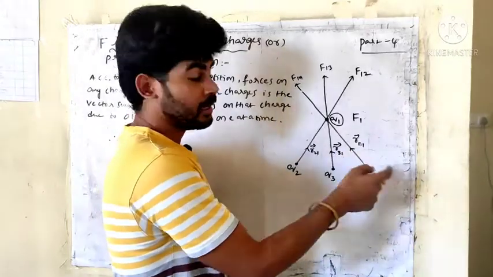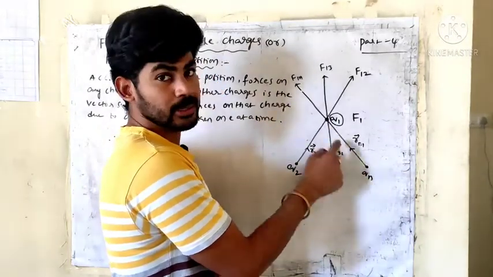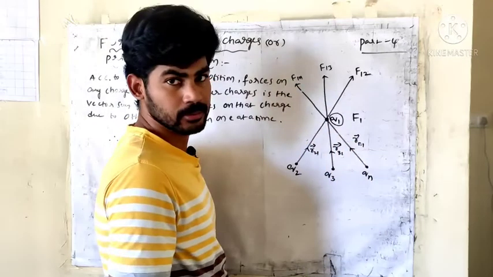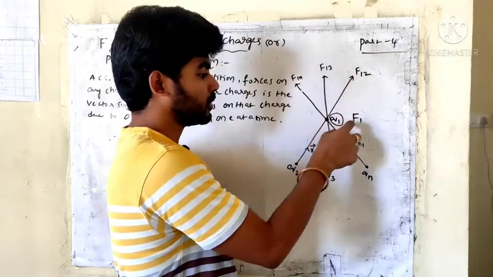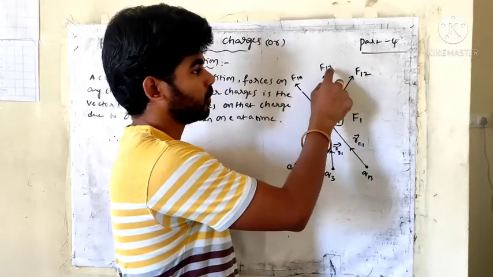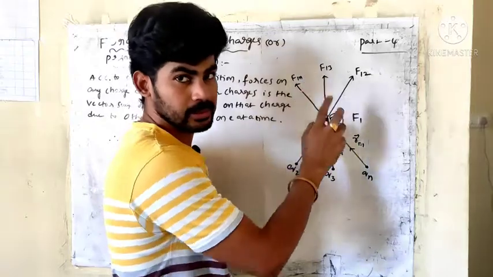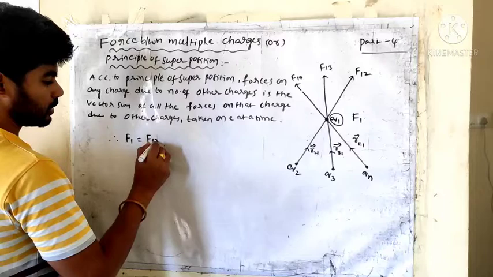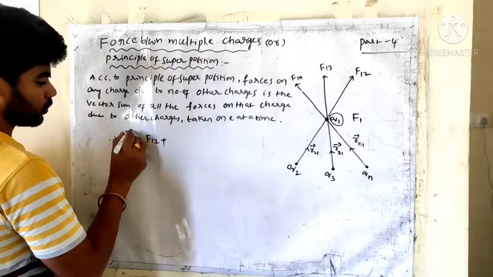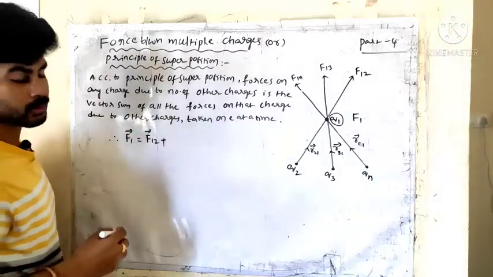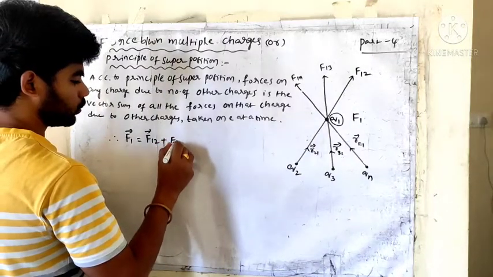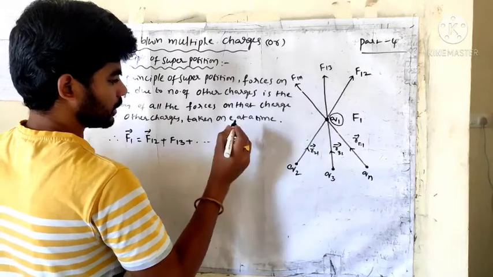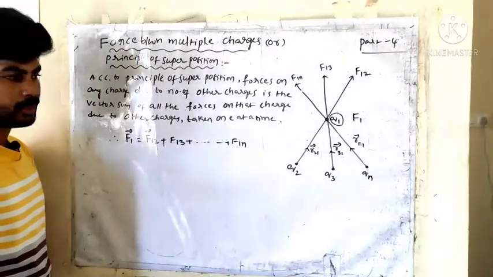Similarly, up to n point charges, the force applied between q1 and qn is F1n. So F1 is equal to F12 plus F13 plus up to F1n, and we get the net force on q1. Since force is a vector quantity, we use vector notation: F1 equals F12 plus F13 plus so on up to F1n.